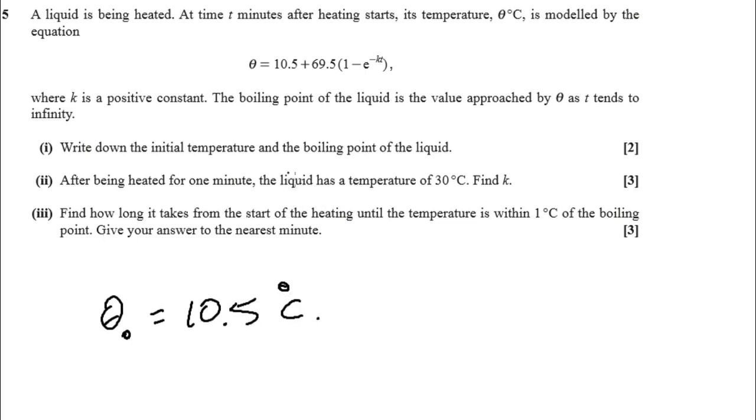And the boiling point of the liquid, which is as t tends to infinity, will give us 1 take e to the minus infinity, which is 1 minus 0, or just 69.5. So 10.5 plus 69.5 gives us that theta boil is 80 degrees Celsius. So that's part 1 done.